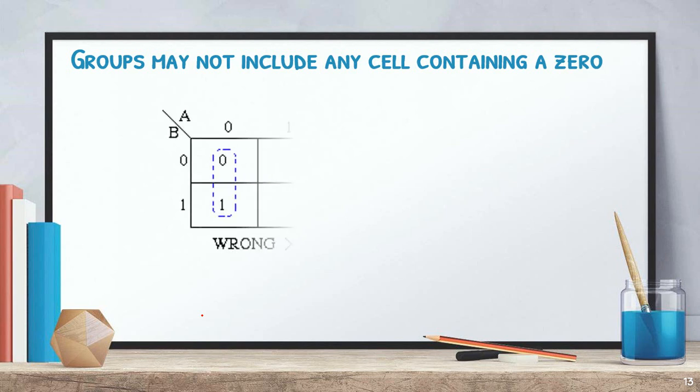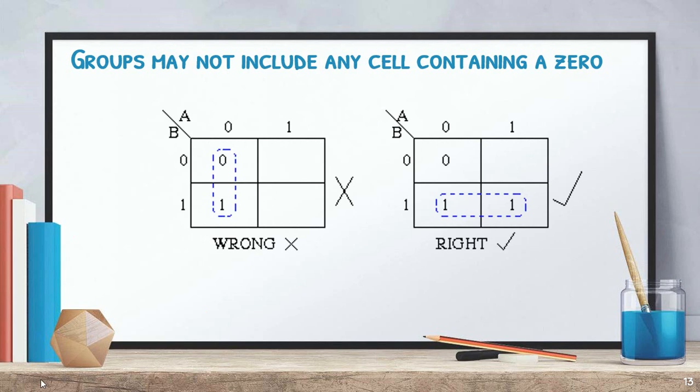Here we have taken two examples. In this, the 1 is here and 0 is here. We cannot make a group of this 0 and 1. This is wrong. If 1 1 is present and 0 is present here, we have to make a group of only the 1s. So we cannot make a group of 1s and zeros. That is the first, very primary and very important rule in the KMAP.